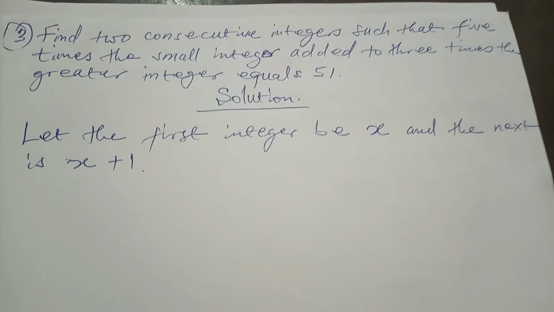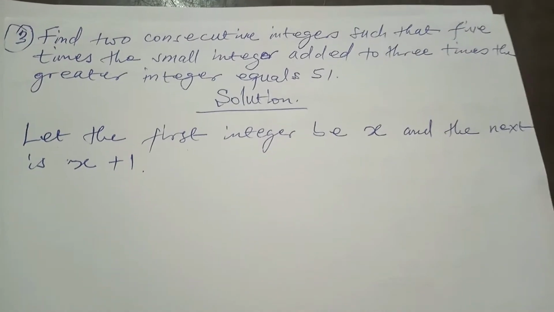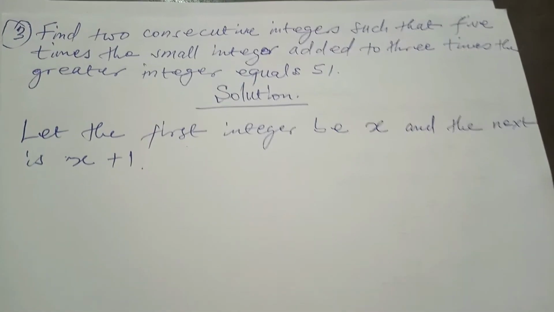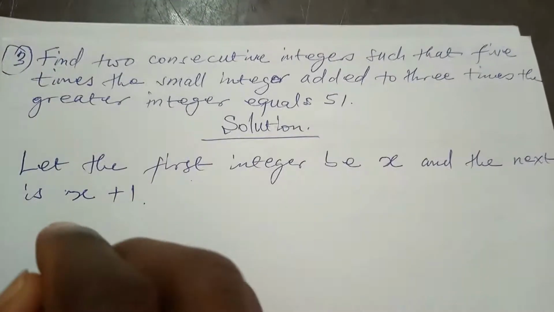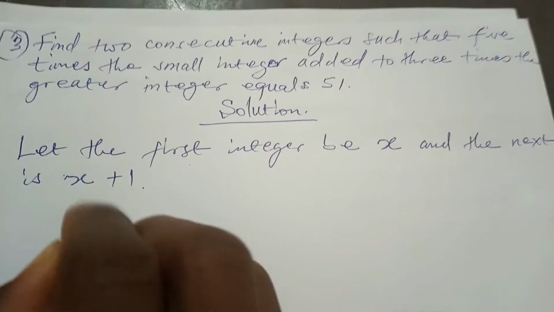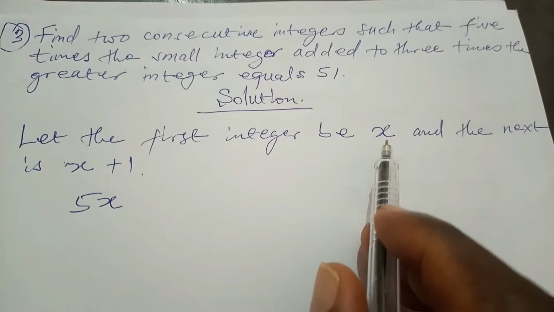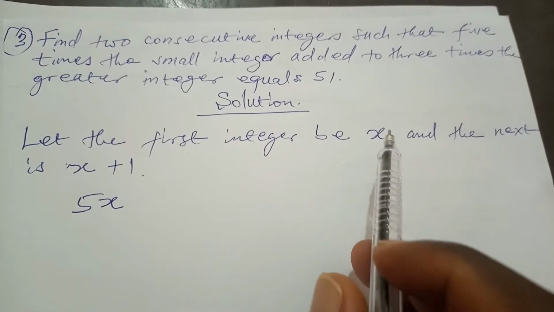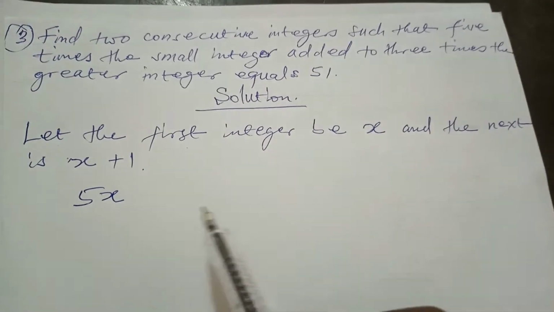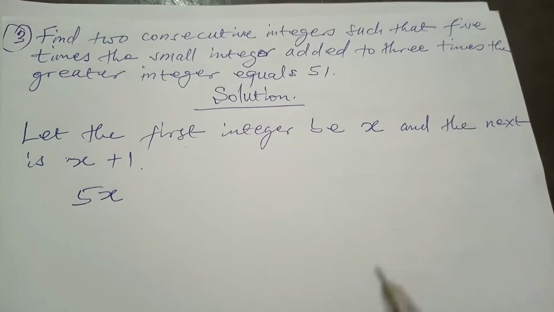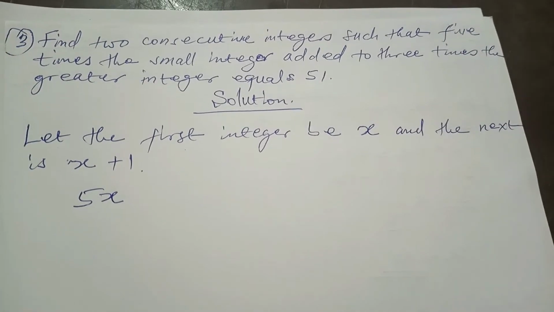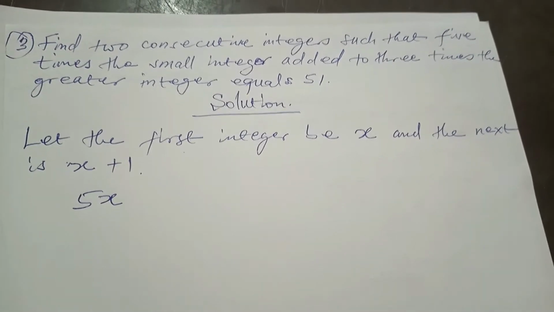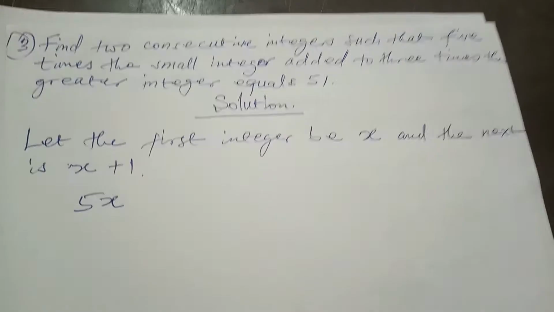Find two consecutive integers such that 5 times the small integer. So that will be 5x, because the small one from the two of them, this will be the smaller one before we get to the second one. Such that 5 times the small integer added to 3 times the greater integer.